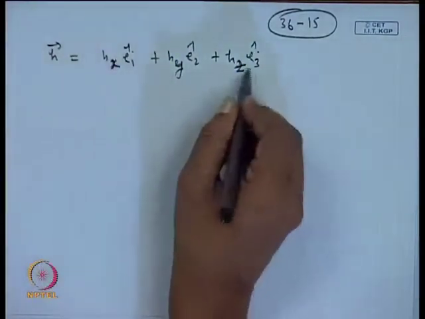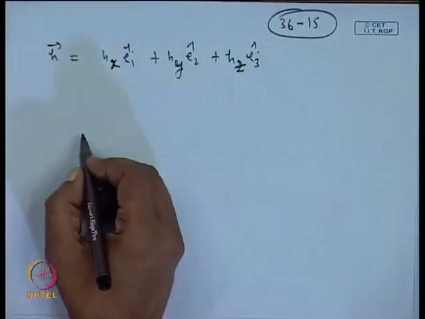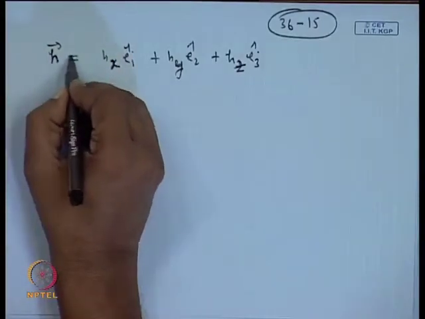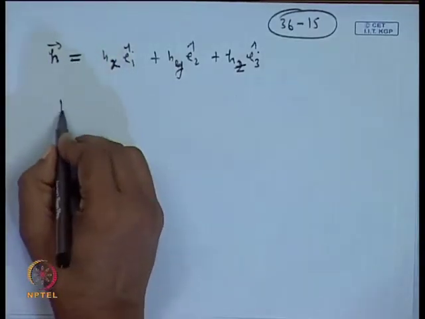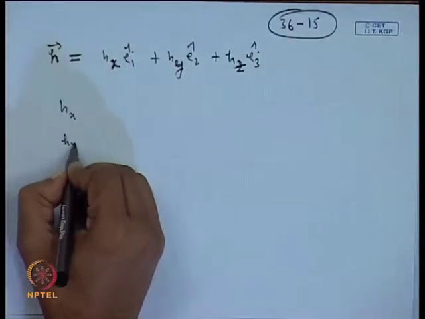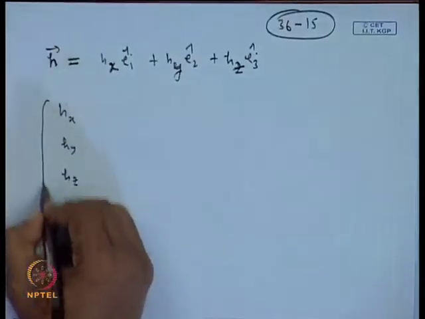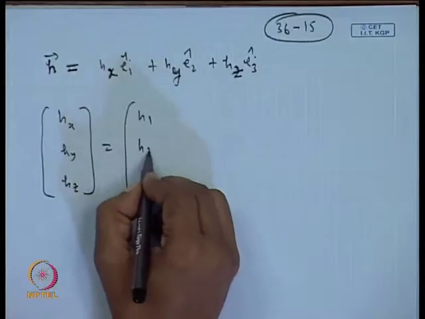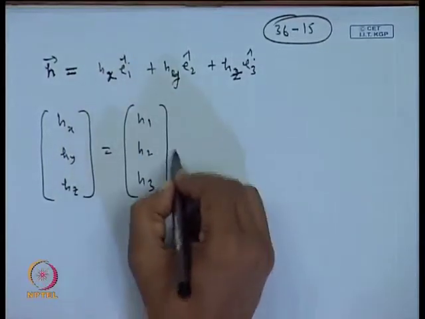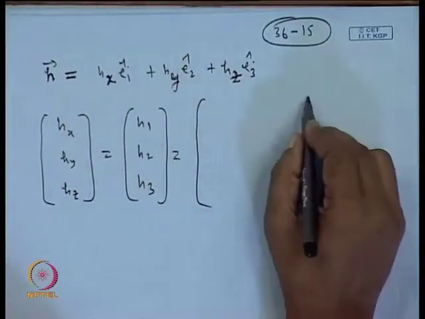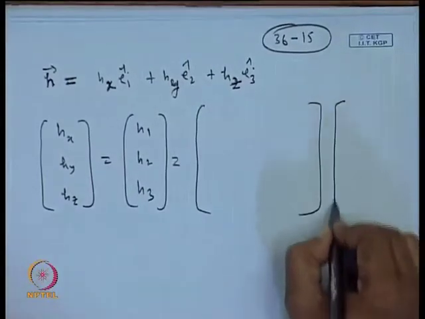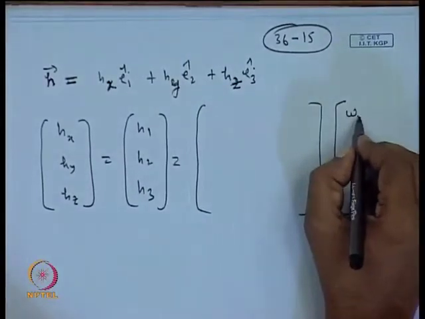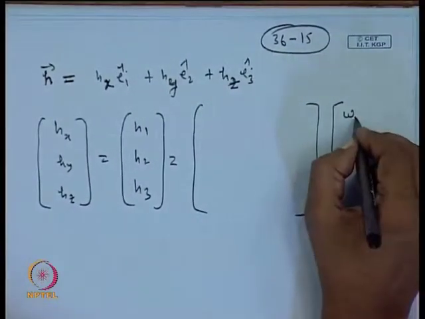So, these are the three components of the angular momentum vector, and in matrix notation the same thing you can write as Hx, Hy, Hz, or either in terms of H1, H2, H3. This as omega x or omega 1, whichever you want to use.